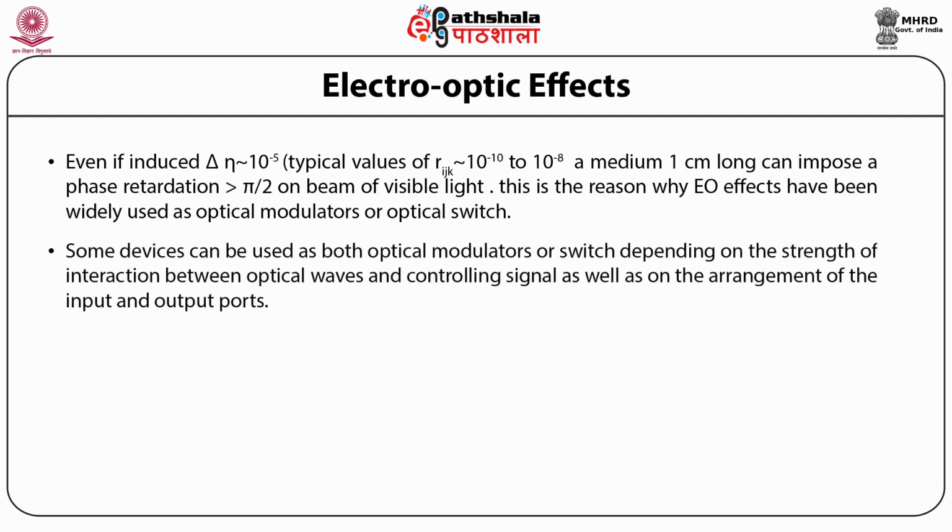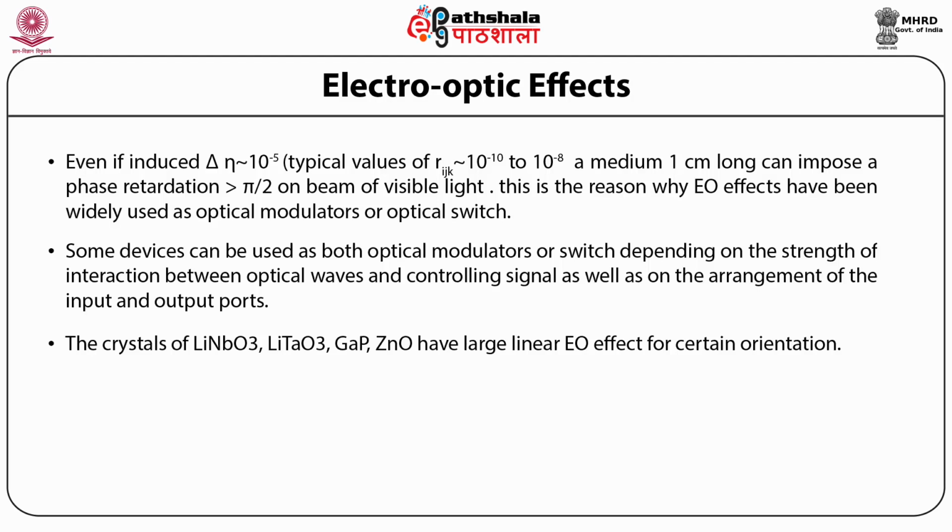Some devices can be used as optical modulators or switches depending on the strength of interaction between optical waves and the controlling signal, as well as on the arrangement of the input and output ports.